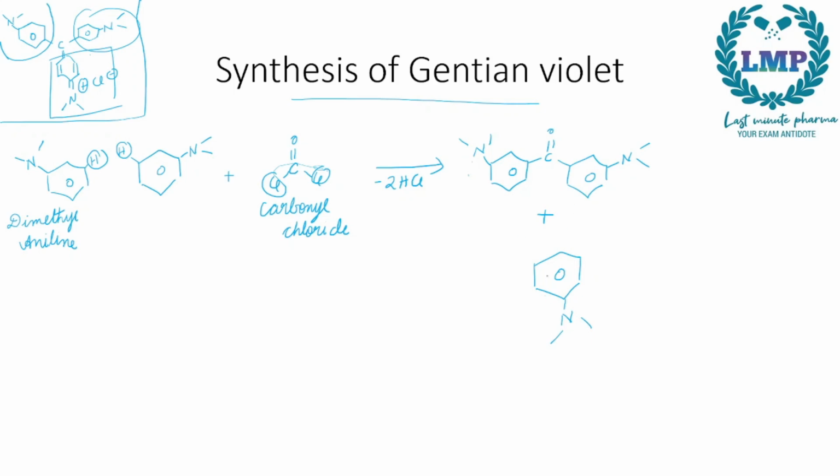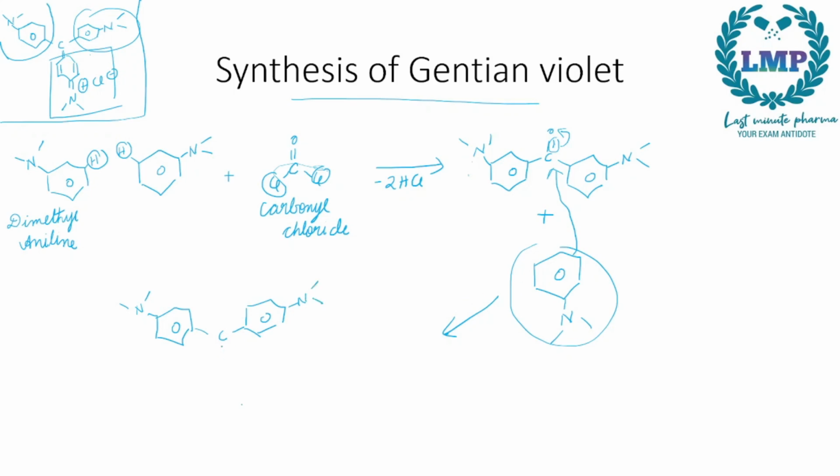After addition of this, if we want to add this ring to this carbon, we already have a double bond O. So what we will do is shift this to the oxygen. So we will get a benzene ring with an N CH3 CH3, then a carbon which is also attached to N CH3 CH3.